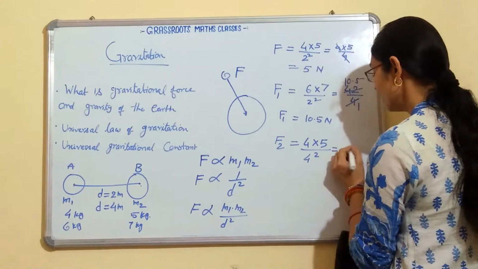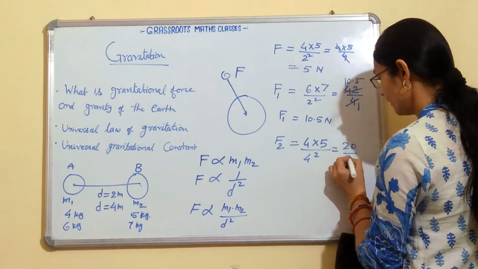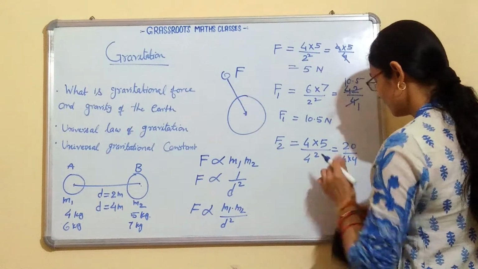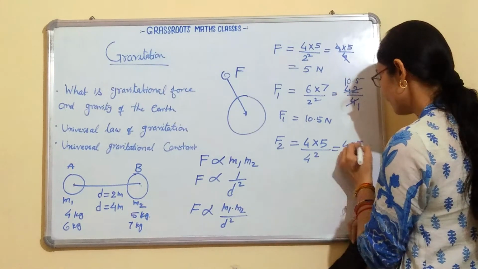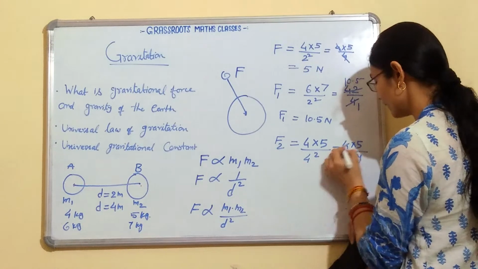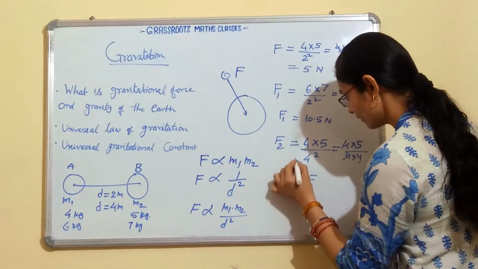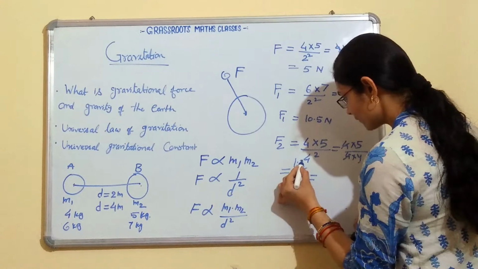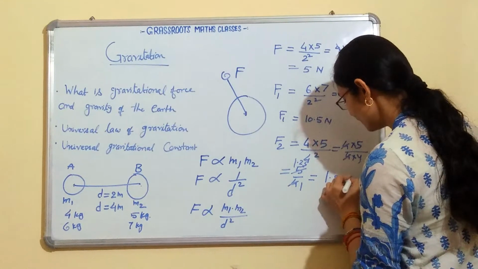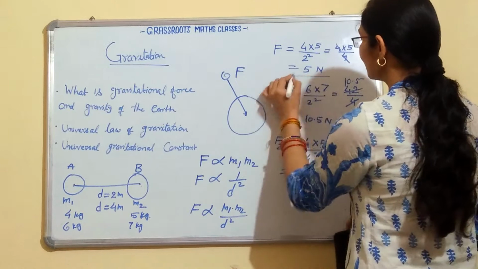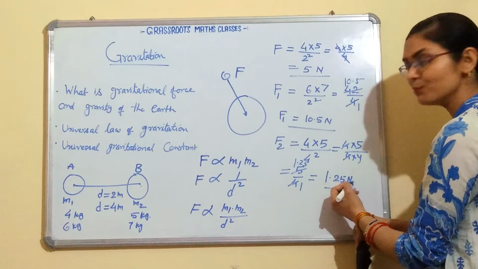So 4 into 5 upon 4 into 4, that means 5 by 4, which is 1.25 newtons. So F is equal to 5 newtons, F1 is equal to 10.5 newtons and F2 is equal to 1.25 newtons.